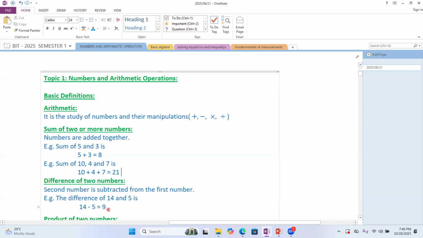So, another question arises. How can we subtract 3 or more numbers?